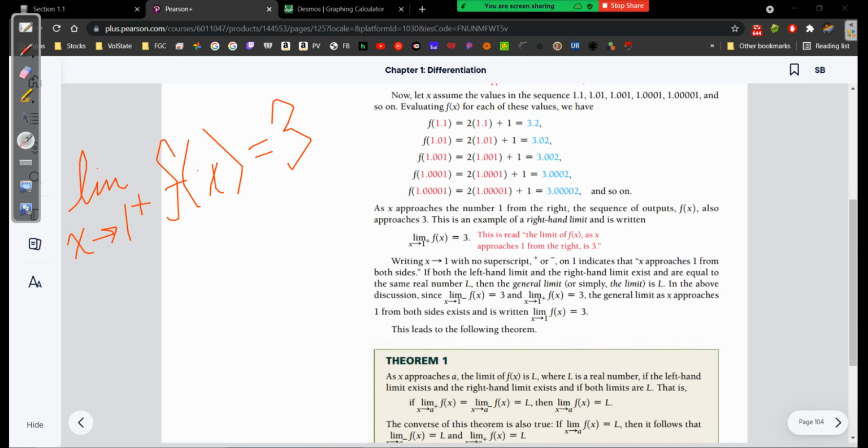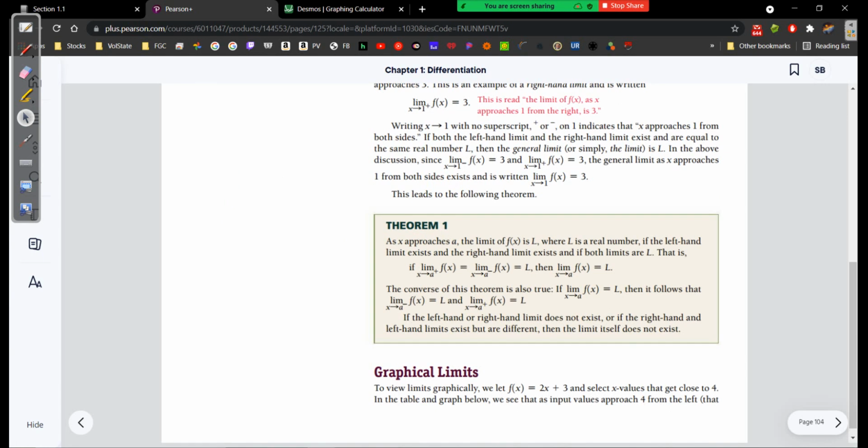This leads to the following theorem. This theorem is a super big deal in this course.